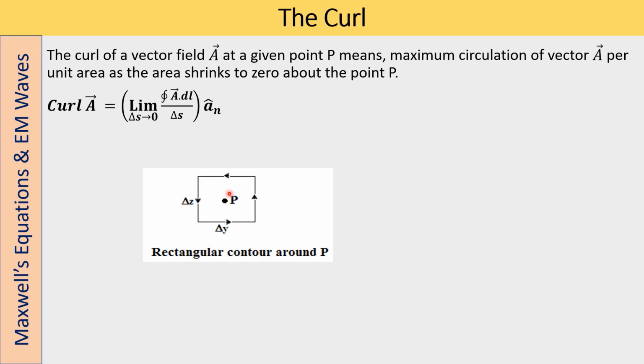Therefore, curl of A is equal to the limit delta S tends to 0 of the line integral of A dot dl divided by delta S. The direction of this curl A is an cap.